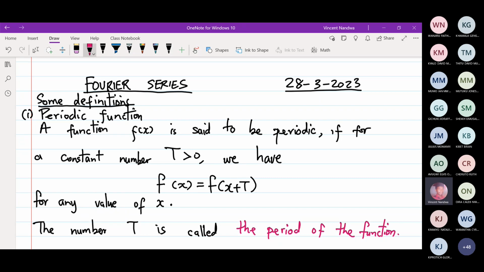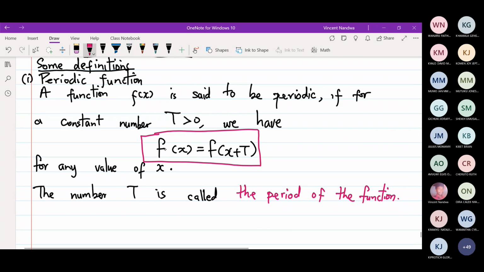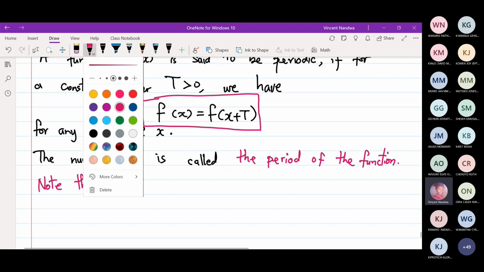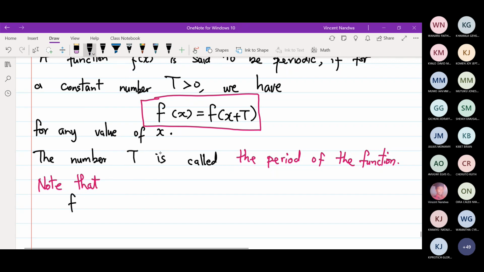So the key thing in the definition of a periodic function is this relationship, that for any value of x, f of x equals f of x plus T, and this T is always a positive number. So note that when you write f of x equals f of x plus T, this will also be the same as f of x plus 2T.